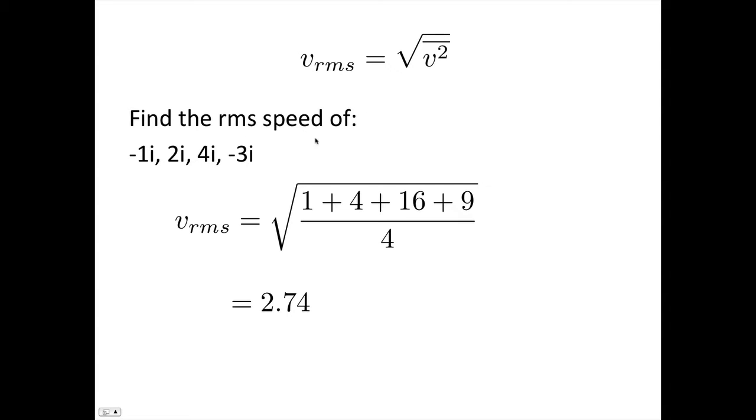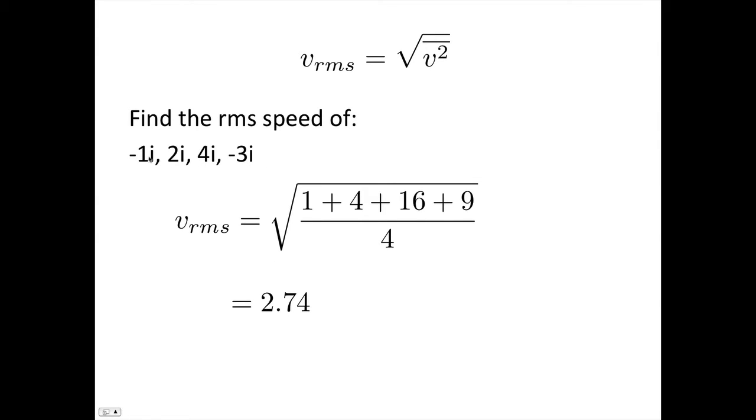Okay, if we were to find the RMS speed of these particles, let's assume these are in meters per second in the x direction, then what we need to do is square each of these numbers and add them together, divide by the number of numbers that there are, and then take the square root.